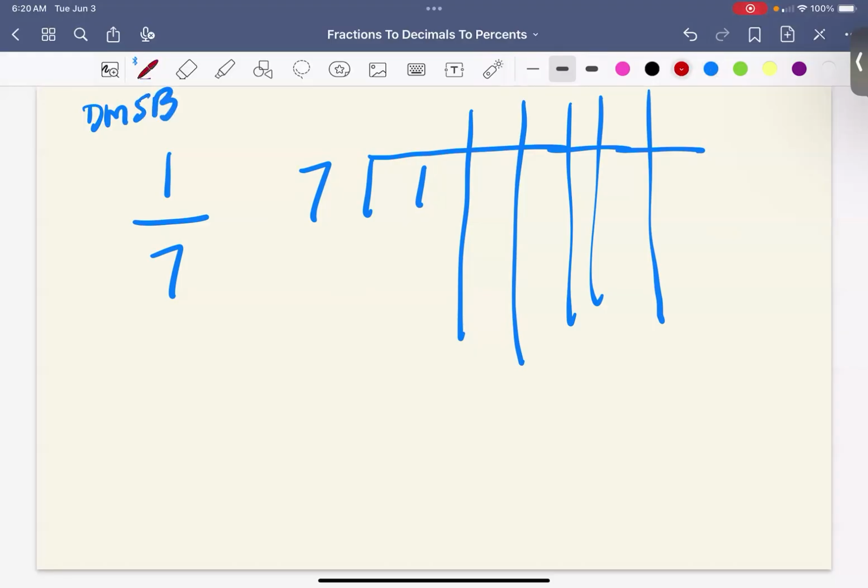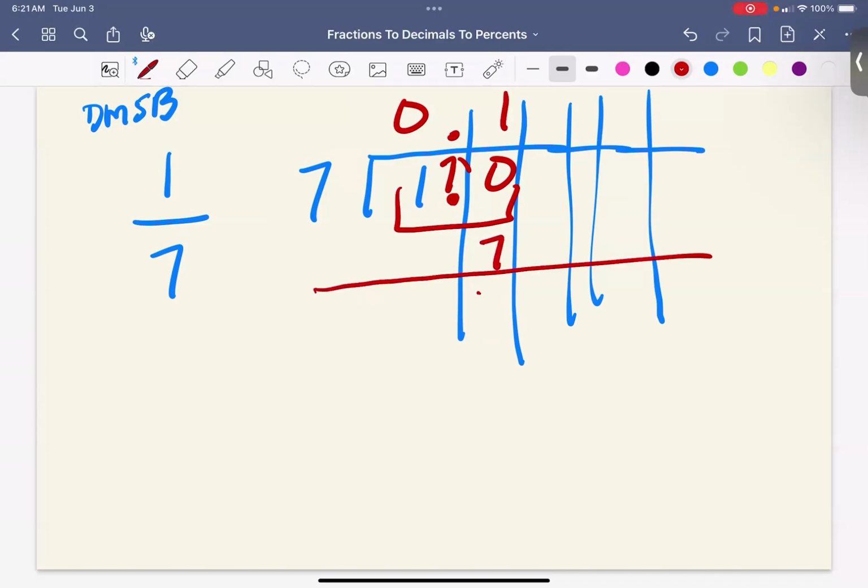Okay, so 7 can go into 1 0 times. I want to continue dividing, so I'll put a decimal, bring it upstairs, add a 0. So now the new number is 10. 7 can go into 10 1 time. 1 times 7 is 7. 10 minus 7 is 3.